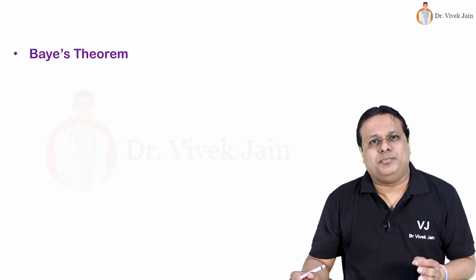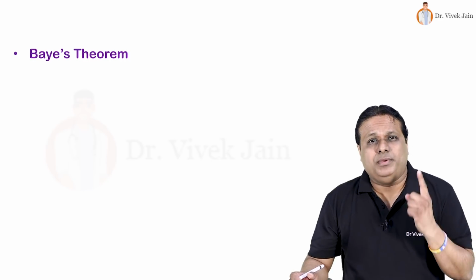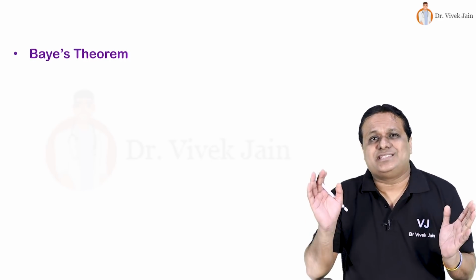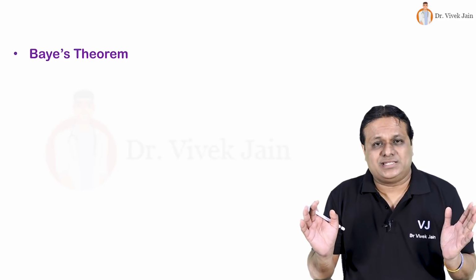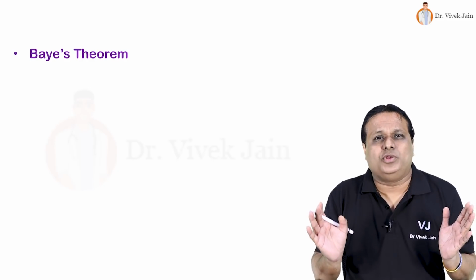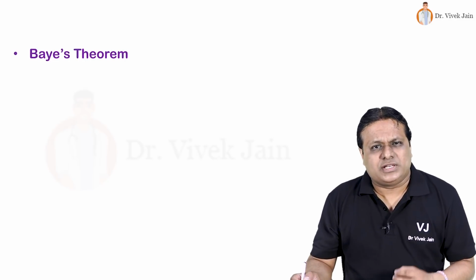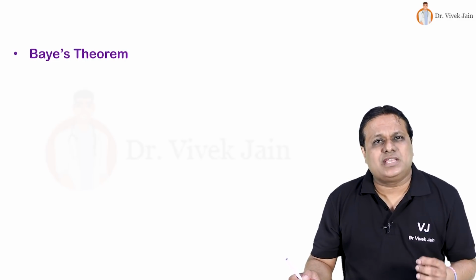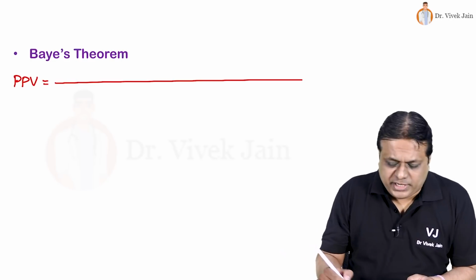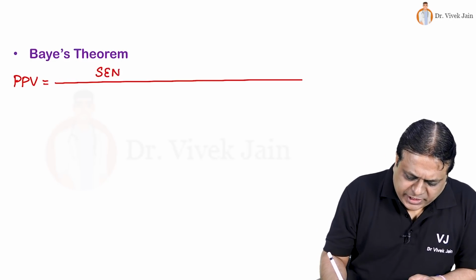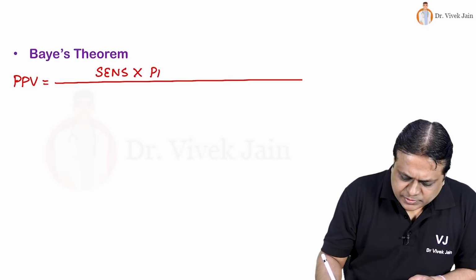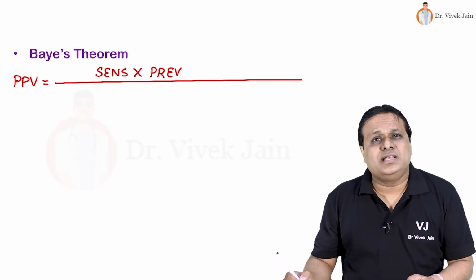What is Bayes theorem? Bayes theorem is a mathematical relationship between PPV on one side and sensitivity, specificity of the test and prevalence of the disease in the population on the other side. What is this mathematical relationship? When we first look at PPV, it is given by the formula: numerator is sensitivity into prevalence of the disease.